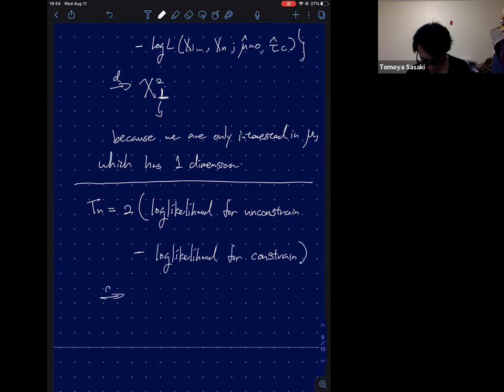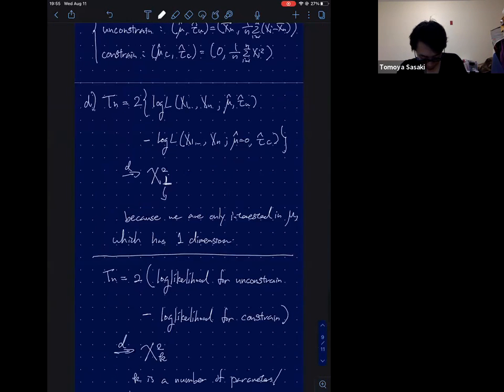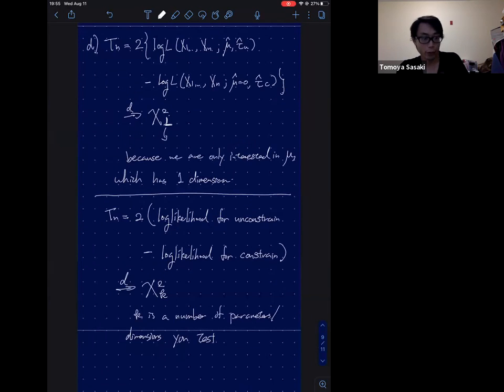And this is going to converge to chi-square of k, where k is the number of parameters or dimensions you test. Okay, so that's pretty much it for question D.